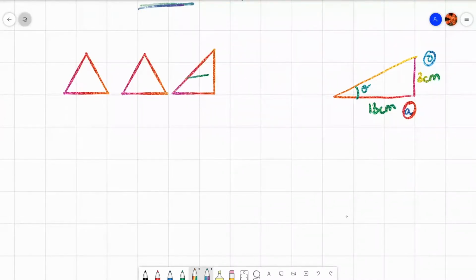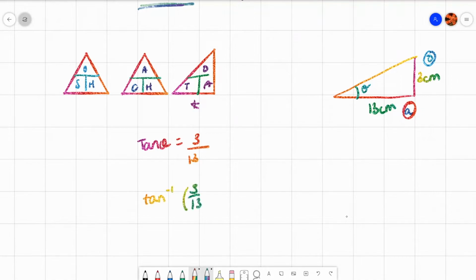Okay, so SOH CAH TOA. Which one uses O and A? It's this one here. So we're going to say tan theta equals opposite over adjacent, which is 3 over 13. Because I want to work out the angle, I'm going to have to do inverse tan. So I'm going to do inverse tan of 3 over 13.